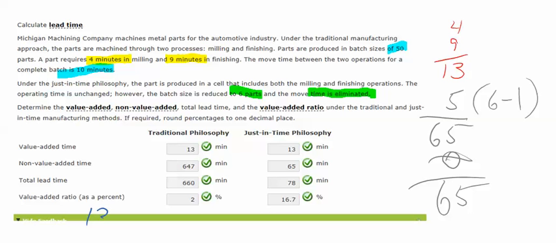That's going to be 13 divided by 78. That equals 0.166666667, or rounding that, it's going to be 16.7%.